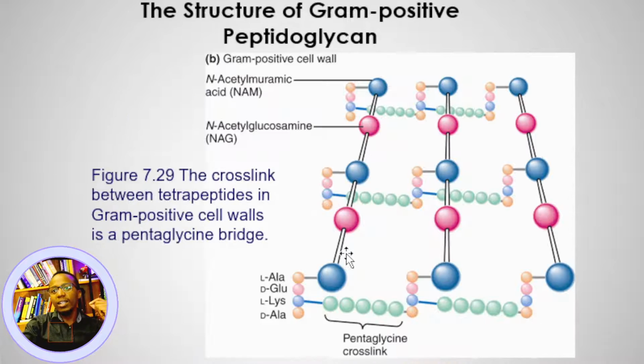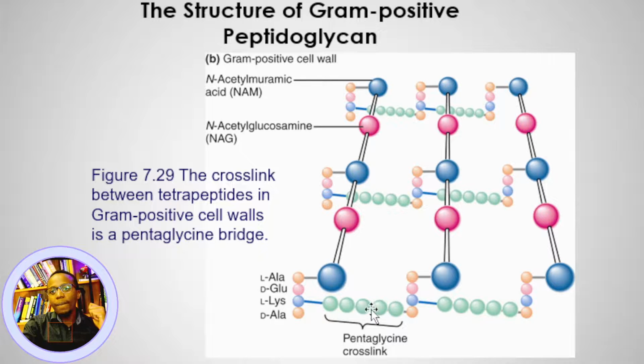Peptidoglycan, right? And if we zoom out, this is usually how it looks. It's the sugars, glucosamine and acetylglucosamine, and then they are bound together by these tetrapeptides. And these green ones are what we call a pentaglycine crosslink.